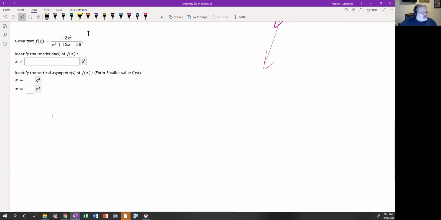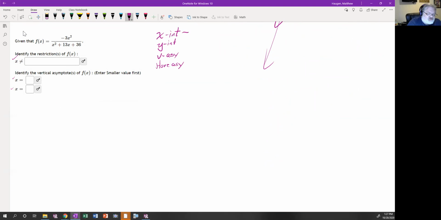This is asking it in a fairly specific way, but why don't we go ahead and say, just for completeness, if we were asked to find x-intercepts, y-intercepts, vertical asymptotes, horizontal asymptotes, as well as the restriction issues. So we'll do kind of all of those.